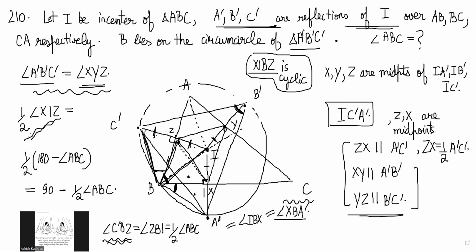Now angle C dash B dash A dash will be equal to C dash BZ plus ZBI plus IBX plus XBA dash.